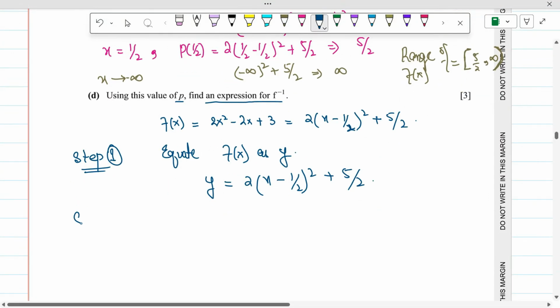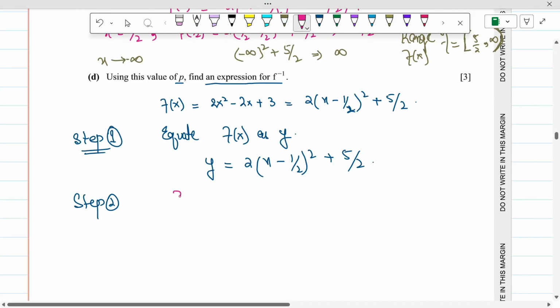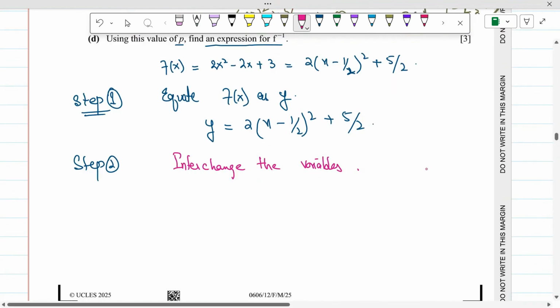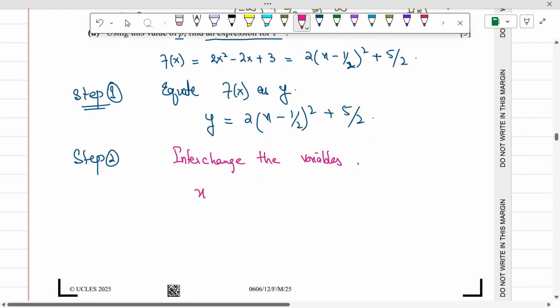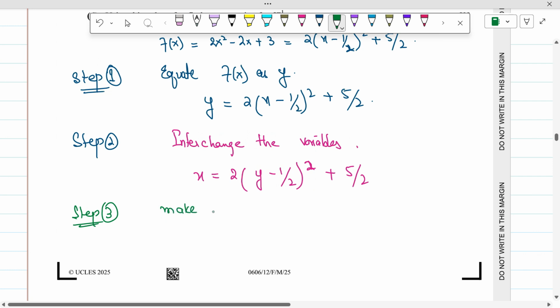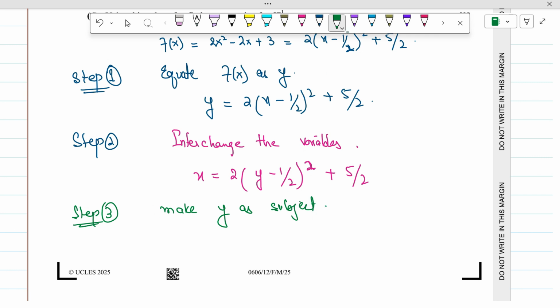Now step 2: interchange the variables. So y will be x and x will be y. So x is equal to 2 times (y minus half) whole squared plus 5 over 2. Now step 3: make y the subject.